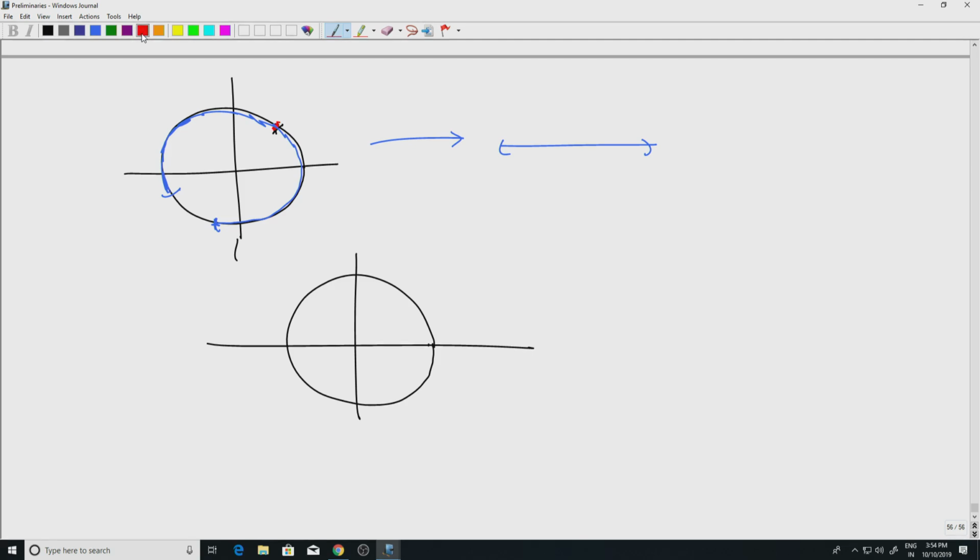The first piece consists of the upper semicircle. I need open sets, so I cannot include the endpoints here. This is one open set which I'll call U1 plus. Then I'll look at the lower semicircle. This one I'll call U1 minus.